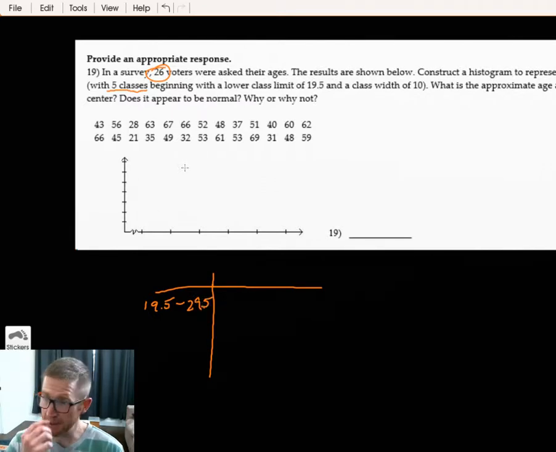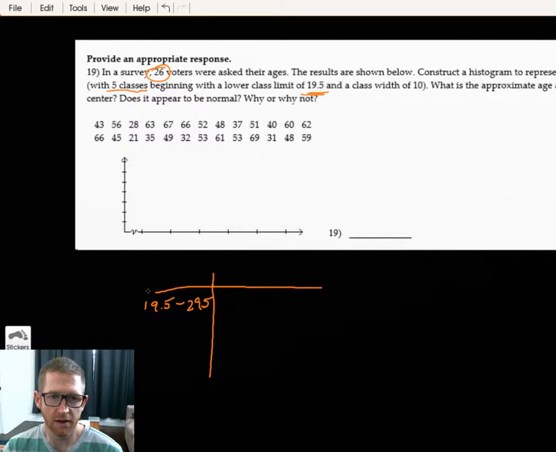And notice all our responses, none of them are half a year. The reason you want to start at 19.5 is so that you include all the possible values. In the other example, there was no in between to fall on. In the histogram, it's a little different, and I'll explain that in a minute.